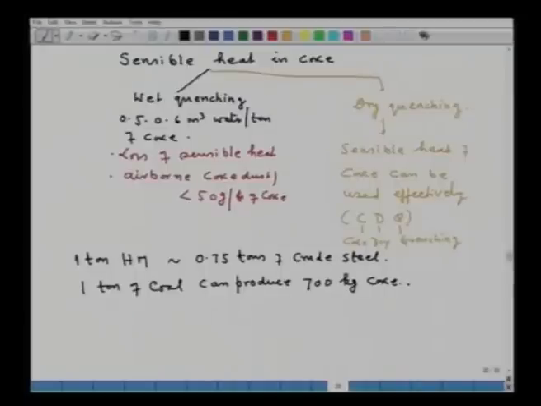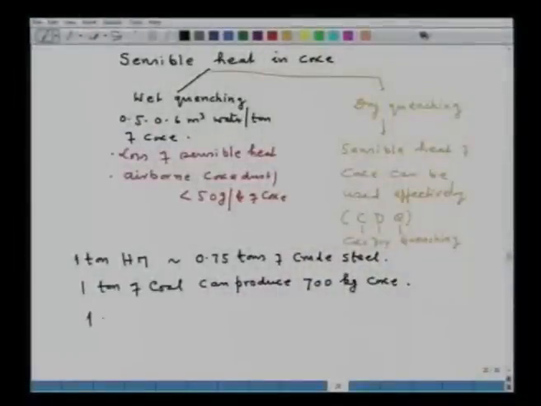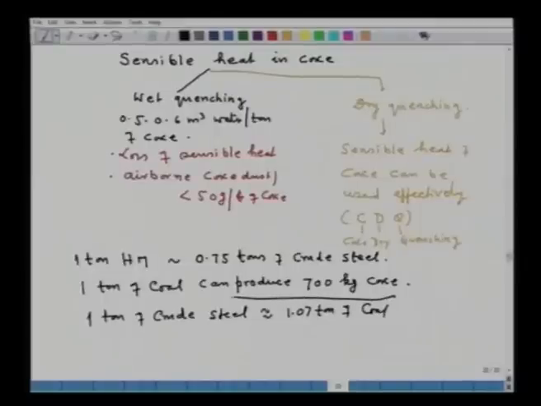So in terms of coal requirement, what I am calculating is, if you are producing 1 ton of crude steel, how much coal will be required through coke. 1 ton of crude steel would require approximately 1.07 tons of coal, and that is important.